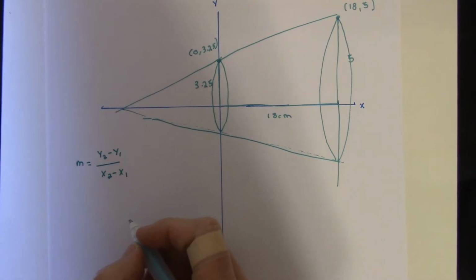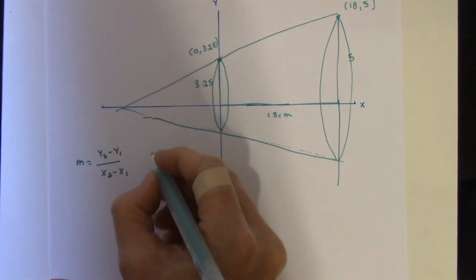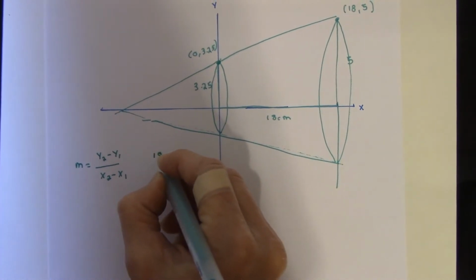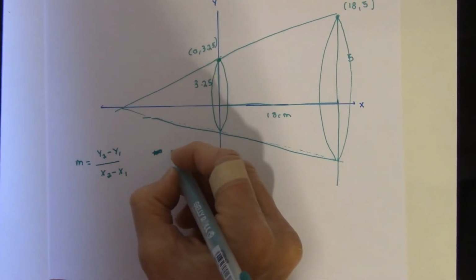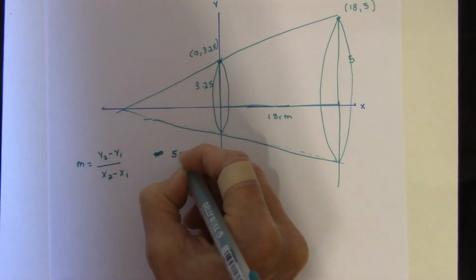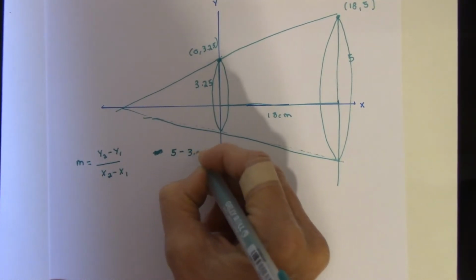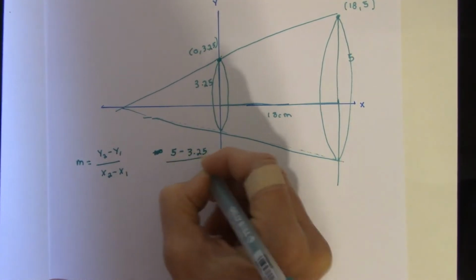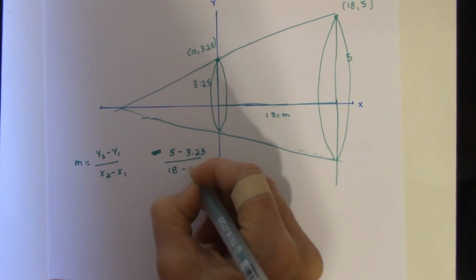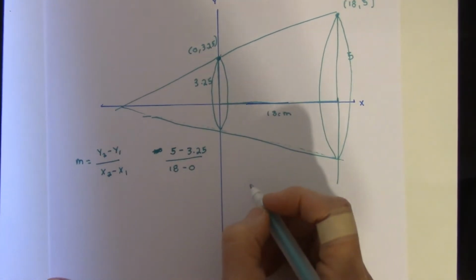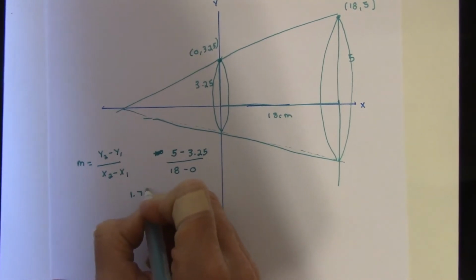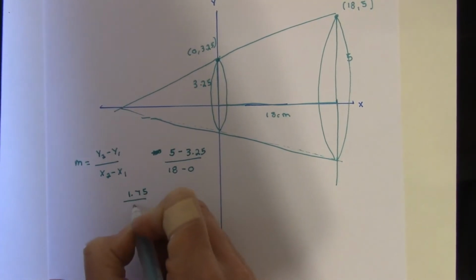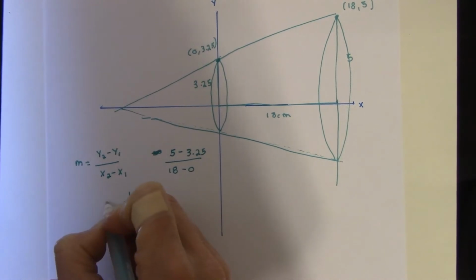So it is 5 minus 3.25 over 18 minus 0, and this gives me 1.75 over 18.